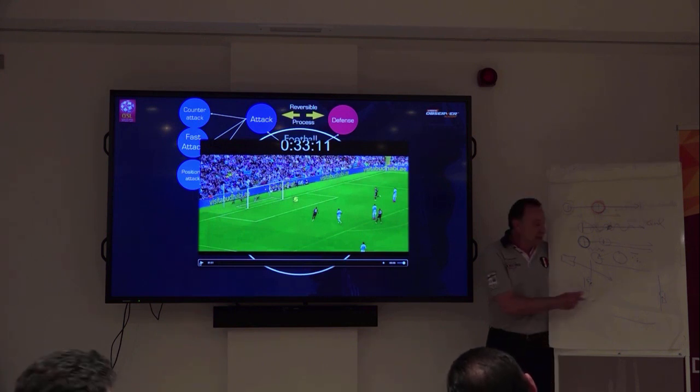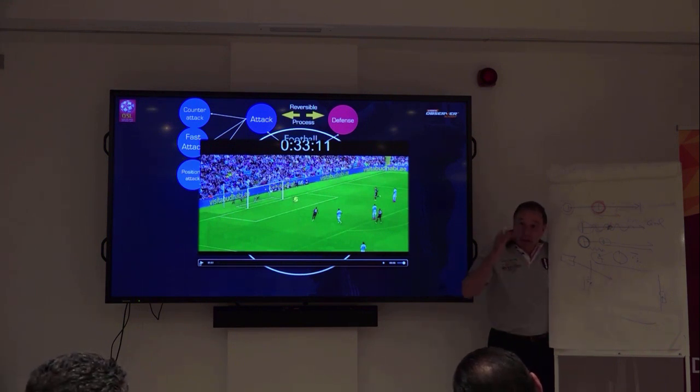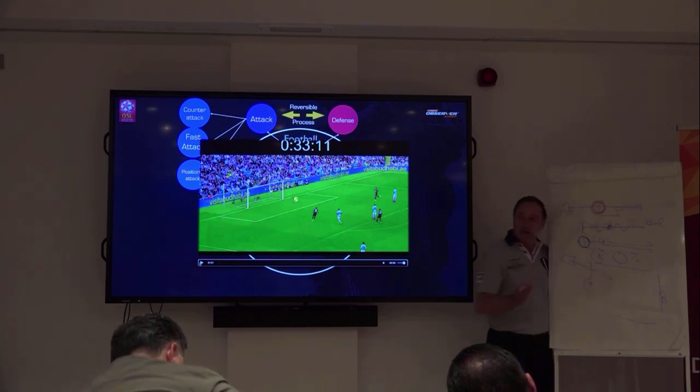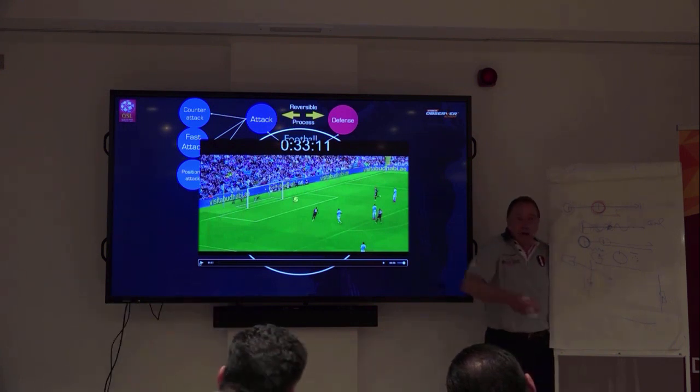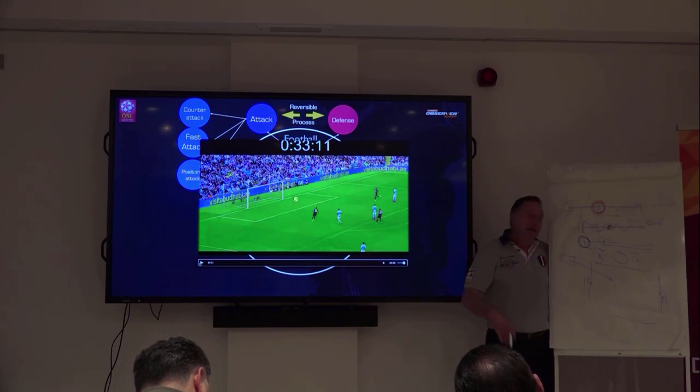Okay? A team has the ball. When I whistle 30 seconds, he passes 30 seconds. Who has the ball can go directly to the goal line. He makes a goal or loses the ball and starts again. And the game never finishes.